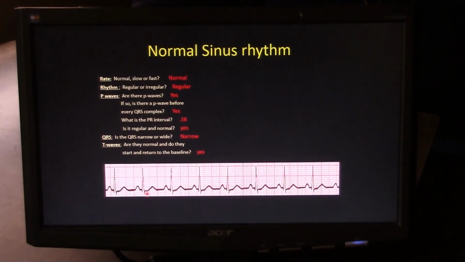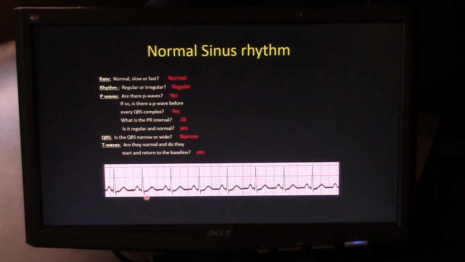The QRS complex, the beginning of that to the end of that, should be less than 3 boxes in width, or 0.12 seconds. Here it is 0.08 or thereabouts, and yes, that means it is narrow. Now, one of the most important intervals that is often overlooked by nurses is the QT interval, and it is extremely important because there are many drugs that affect this interval, and if it's too long, it can put the patient into a lethal dysrhythmia very quickly.